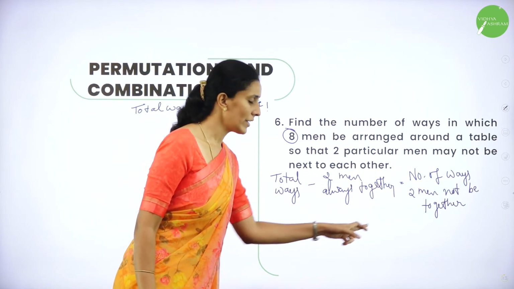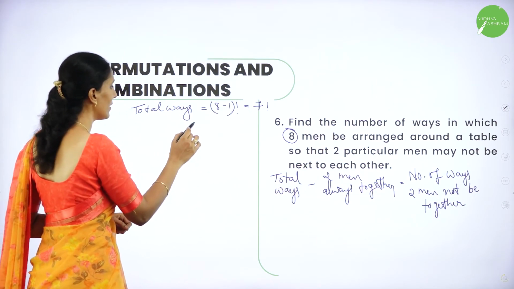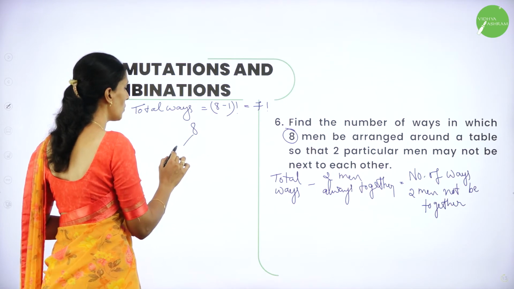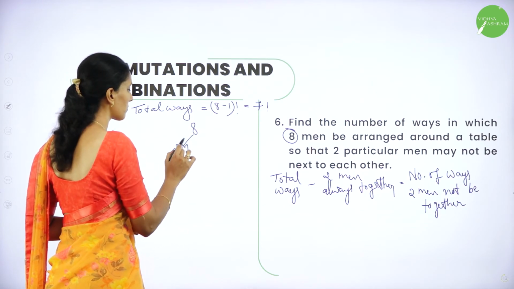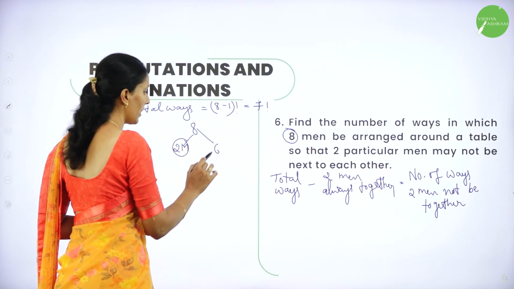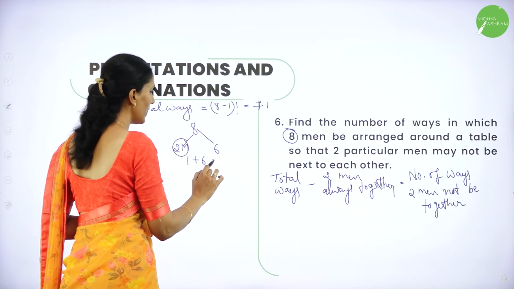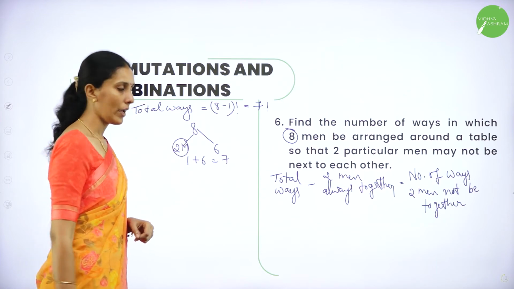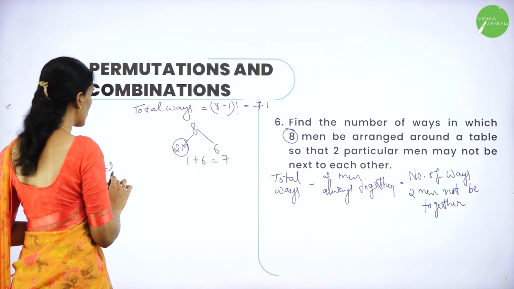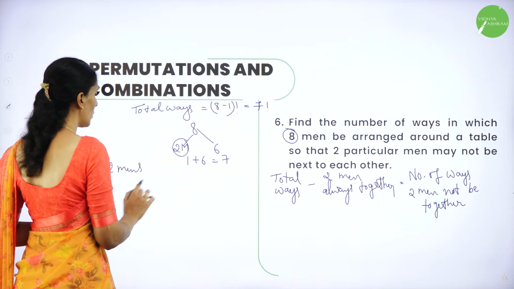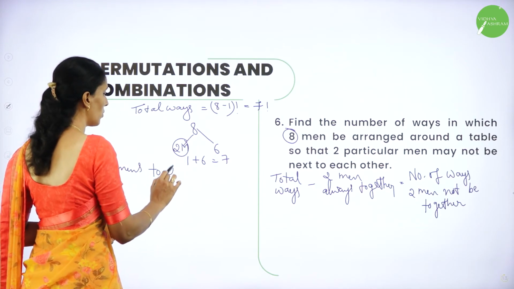Next, 2 men always together. We have 8 different men, 2 men are together and 6 men are remaining. So consider the pair as 1 unit, 1 plus 6 will be 7. What is the arrangement for 2 men together?